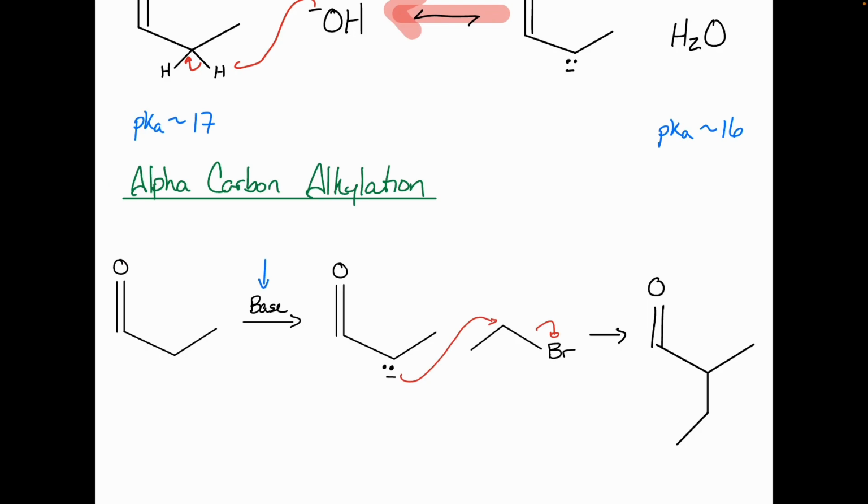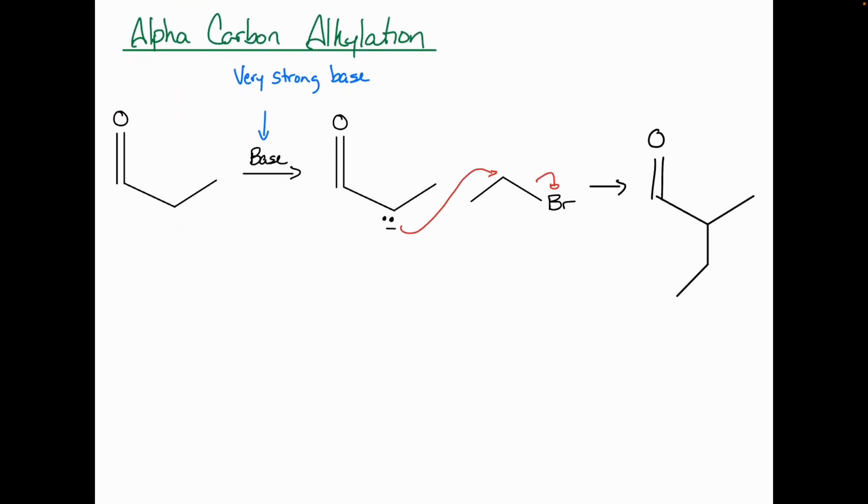So for our base choice here, we're going to have to choose a very strong base. All right, and there's 2 different options that we can choose for this very strong base, or in practice that they use. The first one is one that we've seen before, our sodium hydride.